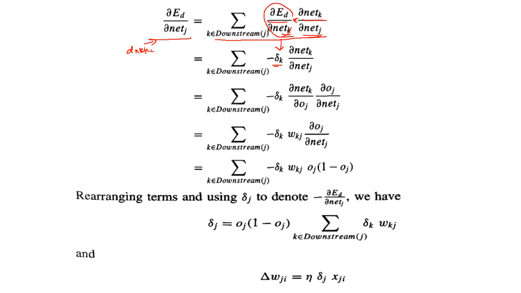Hence we can rewrite the same equation as summation of k belongs to downstream of j of minus delta k into differentiation of net k divided by differentiation of net j.